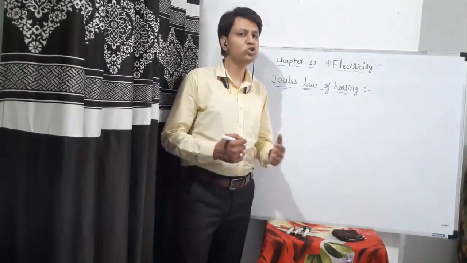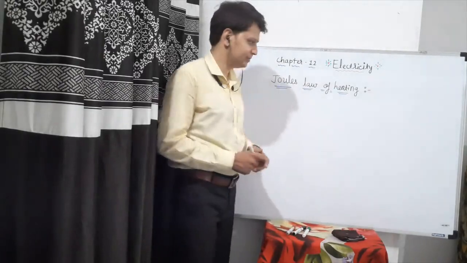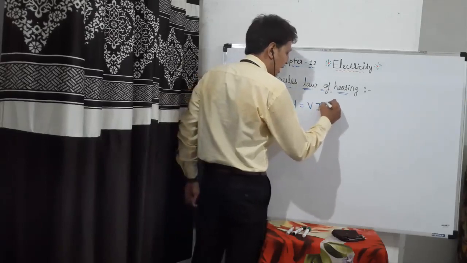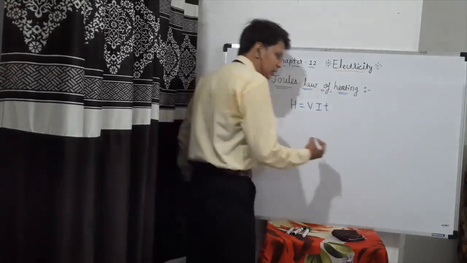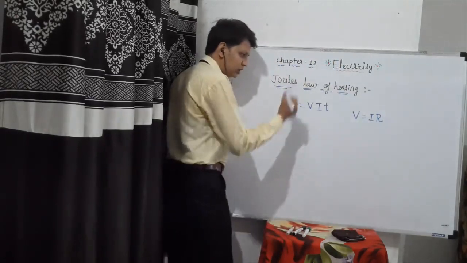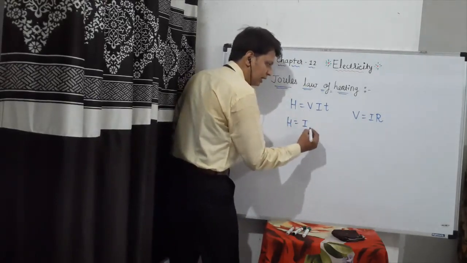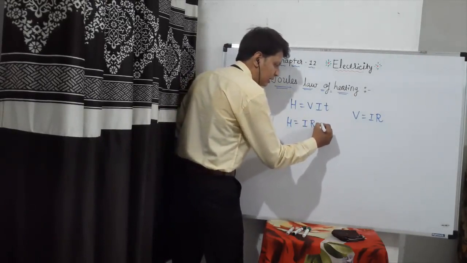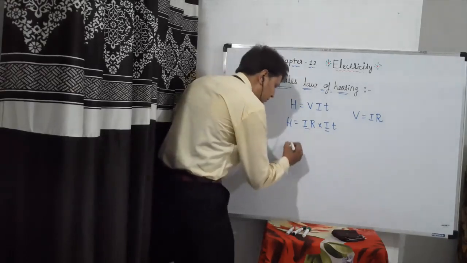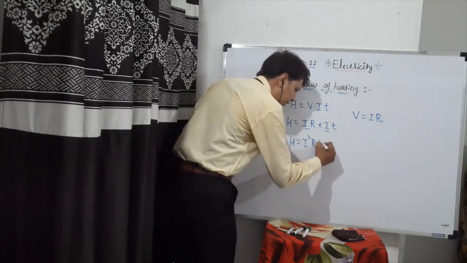Let us understand Joule's law of heating as per the equation of dissipation of heat. The dissipation of heat can be written as H is equal to VIt. Now as per Ohm's law, V is equal to IR. I am substituting the value of V here, and it will be equal to IR into It. Now here I is the same, so I multiplied by I will become I squared Rt.